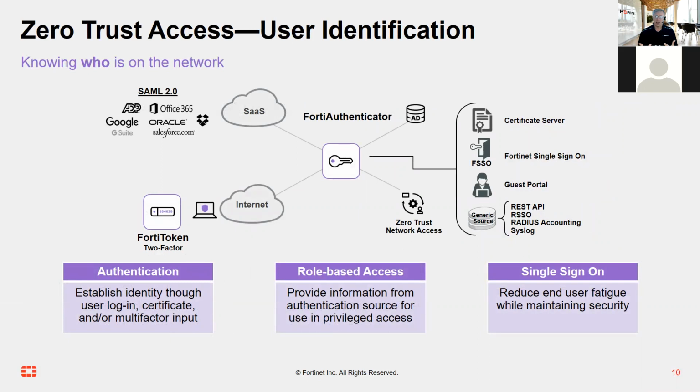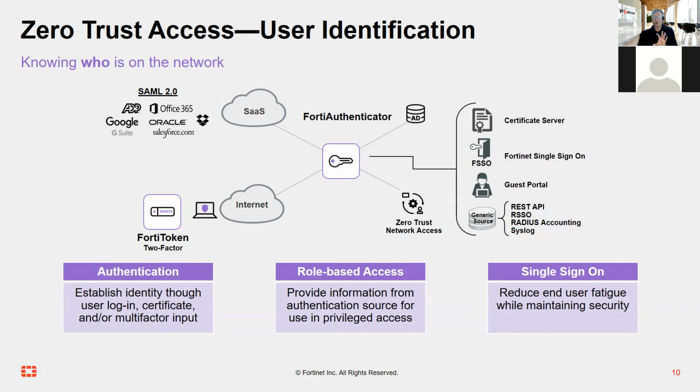FortiAuthenticator is the common point of authentication and identity verification, utilizing our 2-factor product, FortiToken, so that as users come onto the network and they self-identify, FortiAuthenticator can tie into your Active Directory, get an idea of who that user is, what their role is, and then work with the rest of the security fabric to enforce that, work with the firewalls so that your salespeople have access to sales resources and the R&D folks have access to R&D resources, and they're not allowed to go to the others' areas.